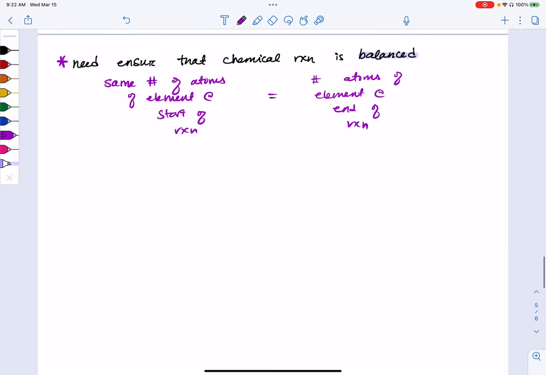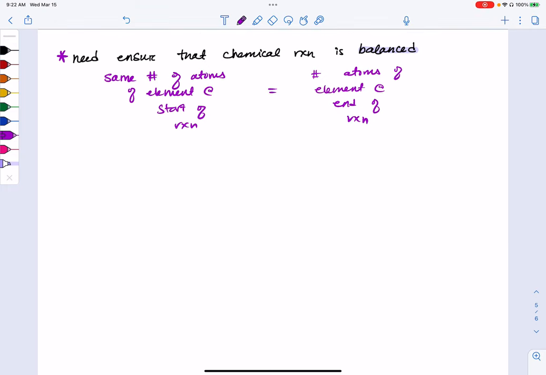We're going to talk about balancing in more detail later, where we have to be counting atoms of different elements and ensuring that we have the same quantity before the reaction as after.